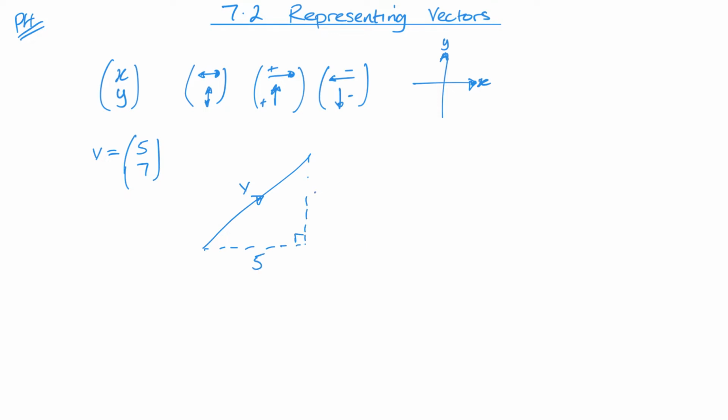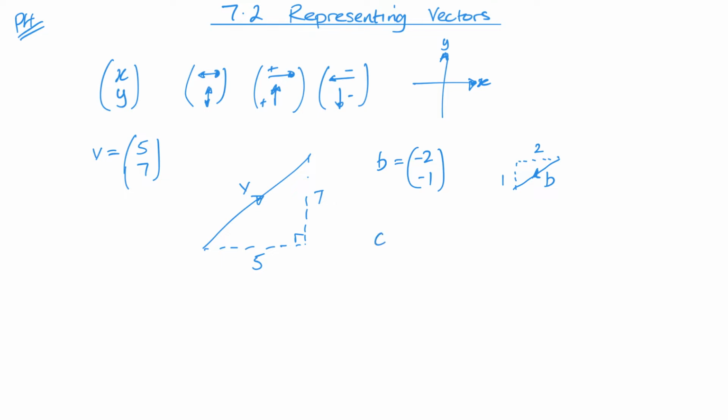If I have a vector, let's call this one B, minus 2, minus 1, for example, that means it's 2 to the left, 1 down. And that's my vector B. Hopefully that's quite straightforward.